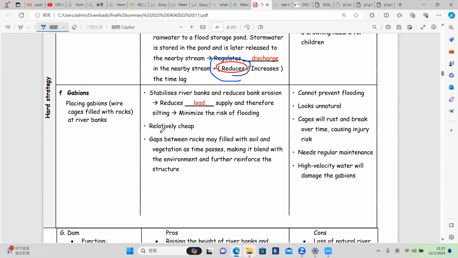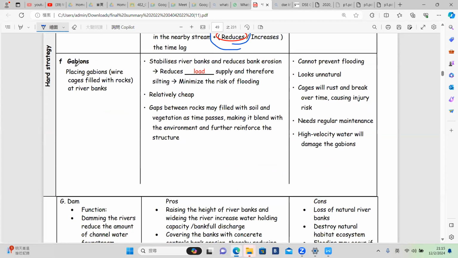What if you say, I'm very poor, I have no money, what to do? Okay, if we are really running out of money, but I still want to do something, like gabion is another feasible option. It also increases the water holding capacity, reduces the load supply and therefore silting is reduced, bank erosion reduced. Relatively cheaper, but you can still say it's unnatural. Cannot prevent large flooding.